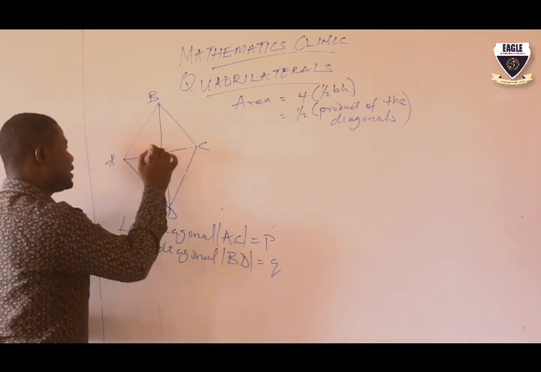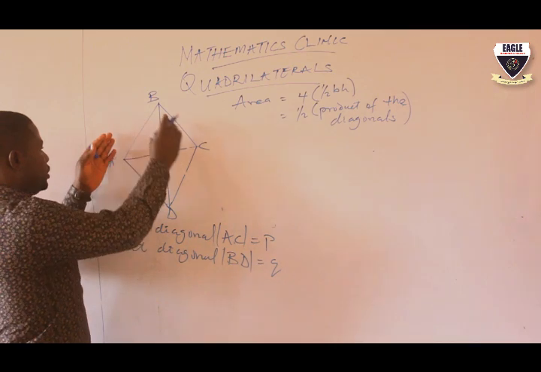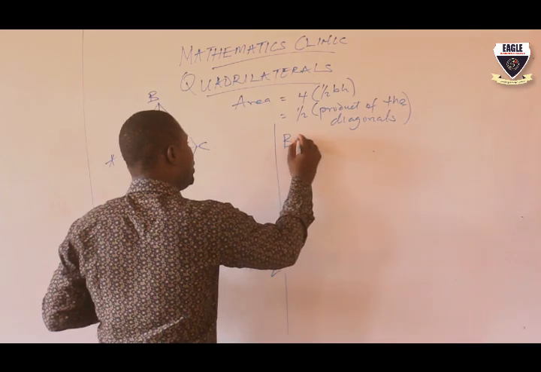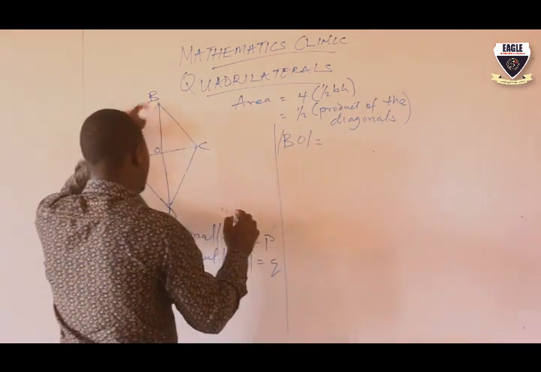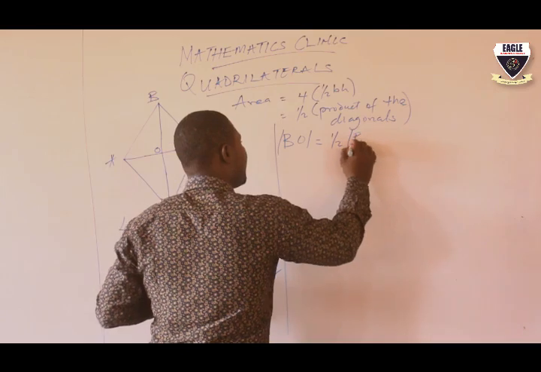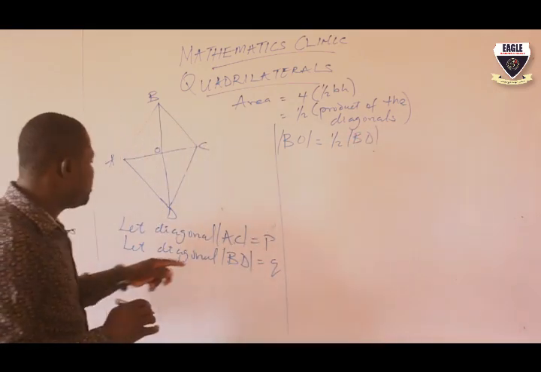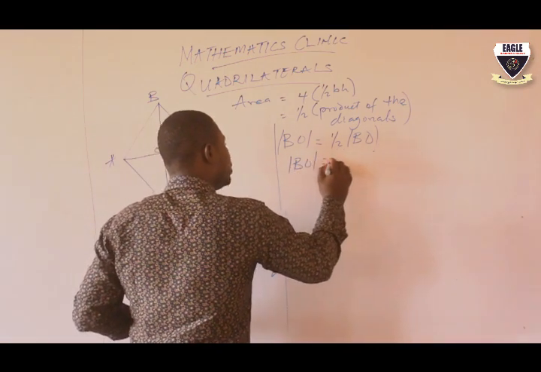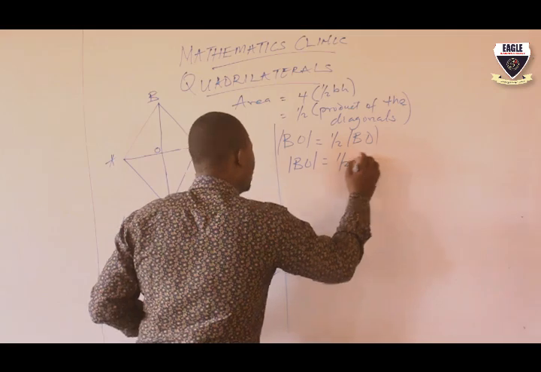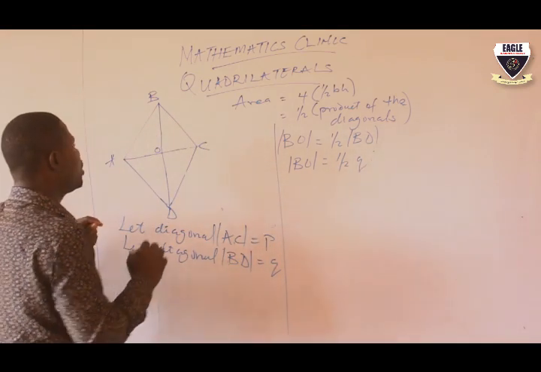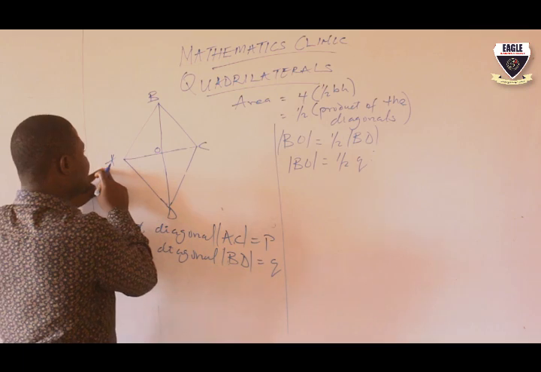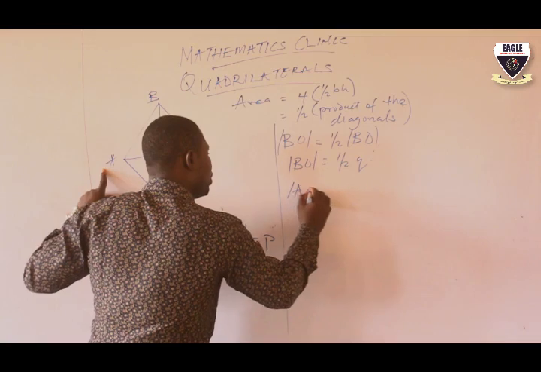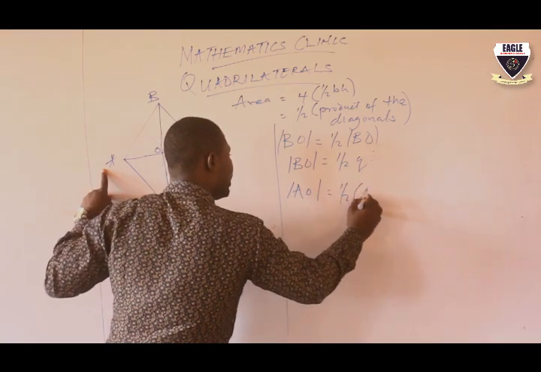If this is the center of the rhombus, therefore we will know that length BO is going to be half of BD. And if BD was Q, then that means line BO is going to be half of Q. Also, if we say length AC is P, then that means AO is going to be half of AC.